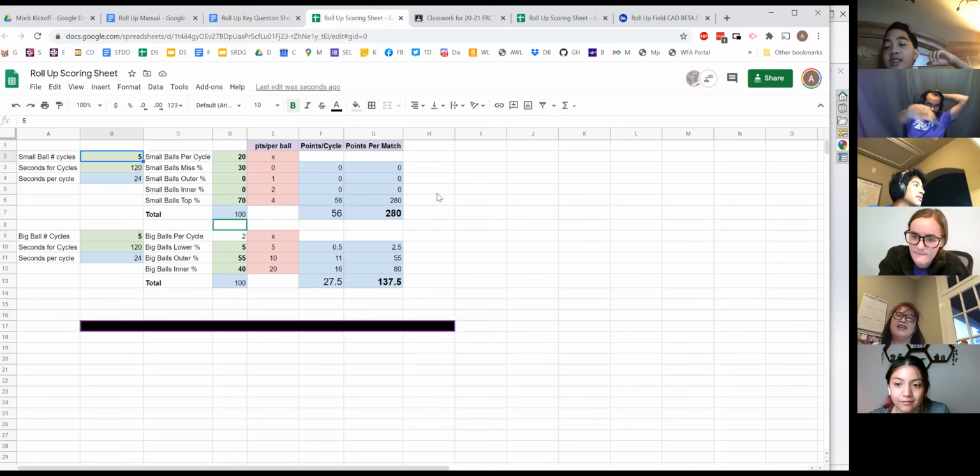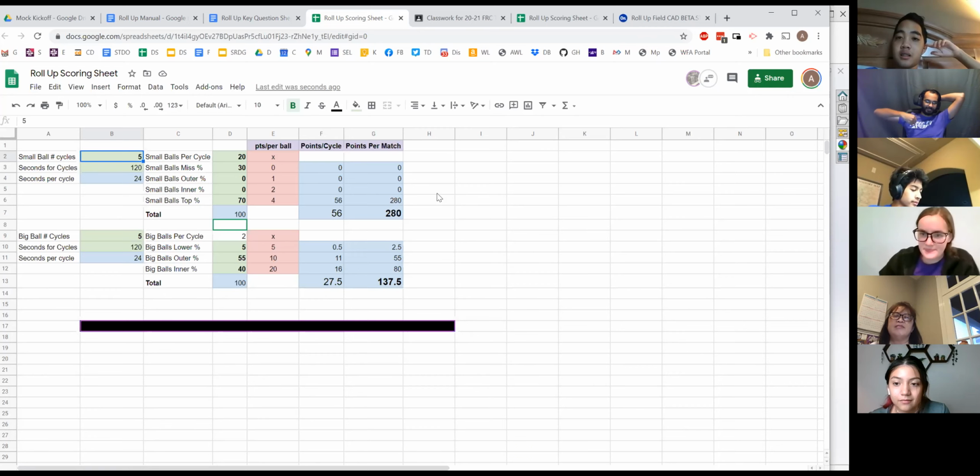Again, this is definitely playing in this sheet and trying to figure out what is reasonable, because you can also only single stream the top goal, where you could possibly double stream even the inner goal. If you're making that much into the top goal, I'm going to assume you're holding more than 20 balls a cycle.